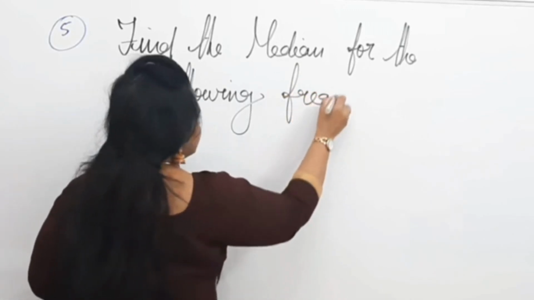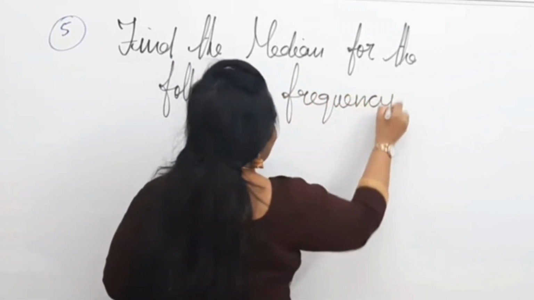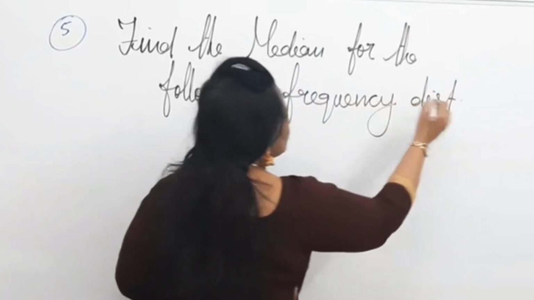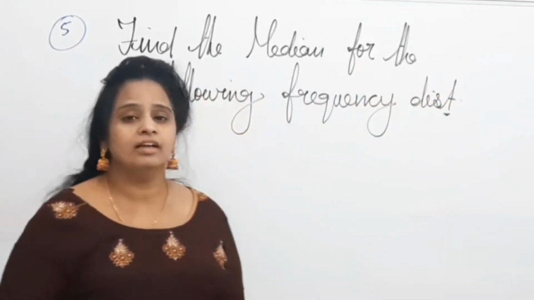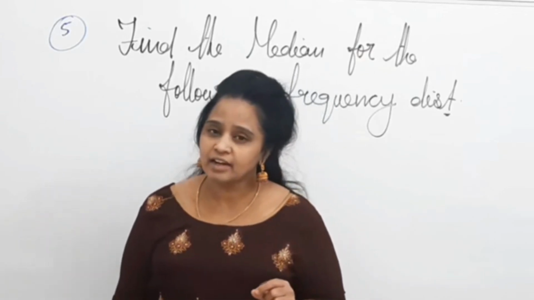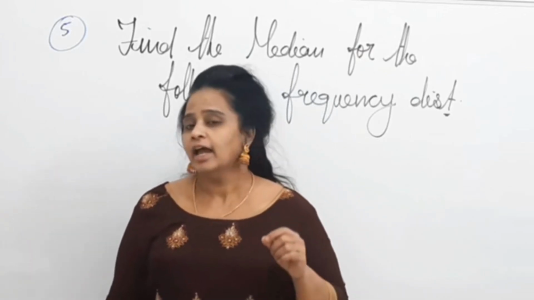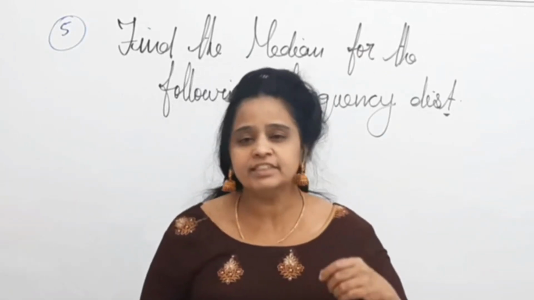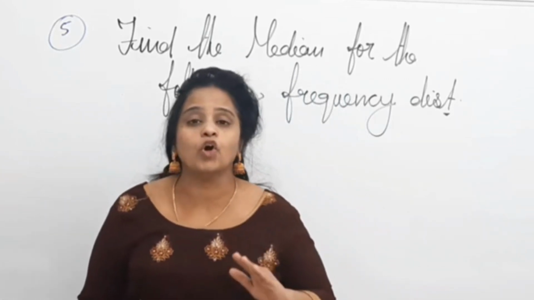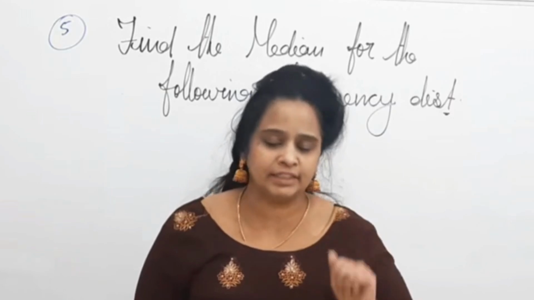And I told you, children, for the median you have to draw 3 columns in the table to get our median class, lower limit, cumulative frequency and the frequency.